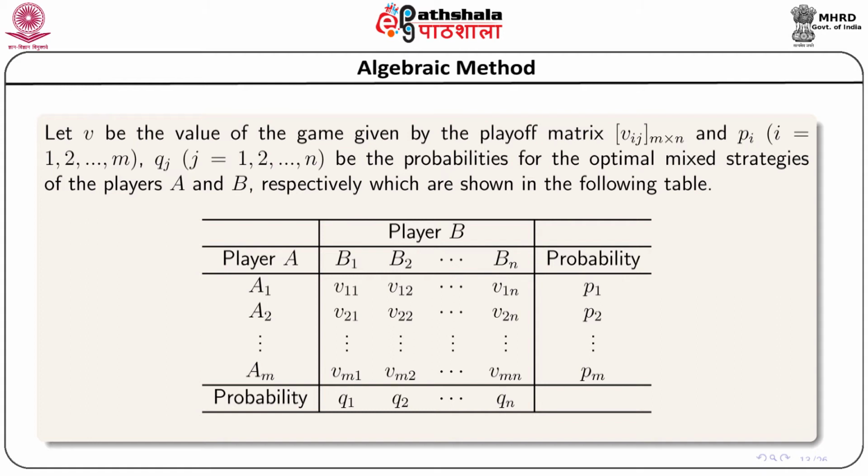That means we are considering a payoff matrix of order m by n, with Pi's as the probabilities for the actions to be chosen by the maximizing player A, and Qj's, j equal to 1 up to n, be the probabilities to be considered for choosing the actions for the player B, and these probabilities are shown in this slide along with the payoff matrix for the player A.